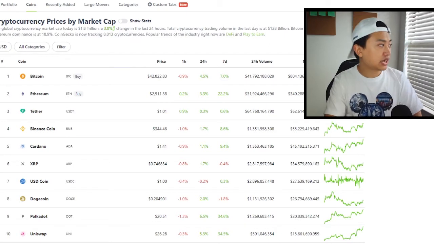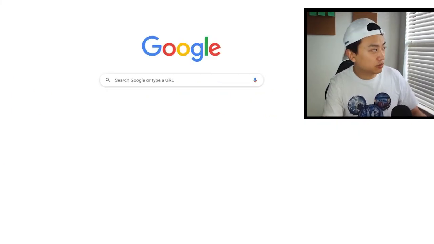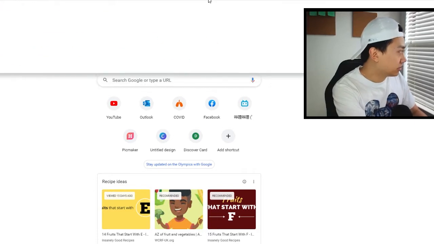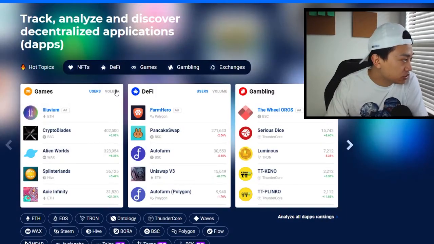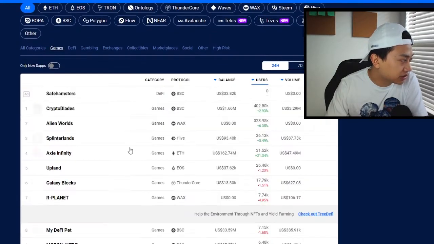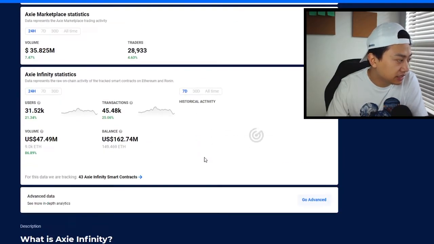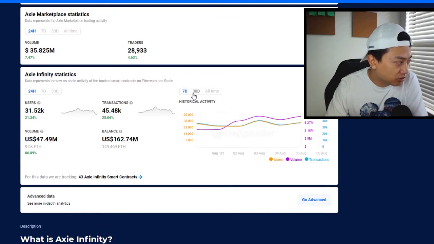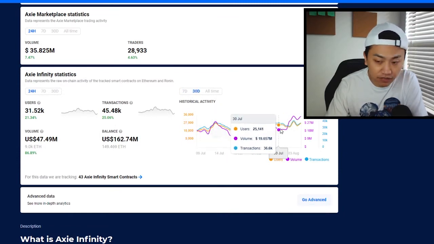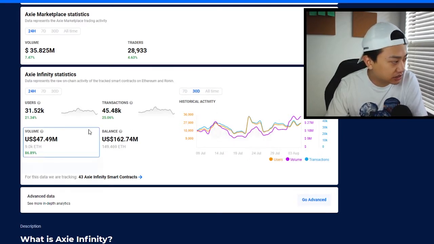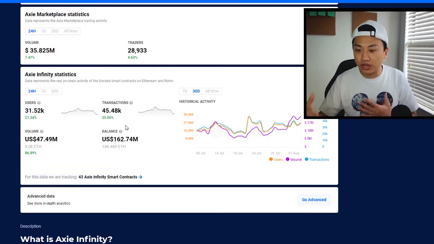And one of the tools I use to determine that is DApp Radar. DApp Radar shows some of the current volumes and everything, especially when you click on Axie Infinity. You can see, at a 30-day average, what's the average volume that's going on. So the higher the value, obviously more activity is going on.